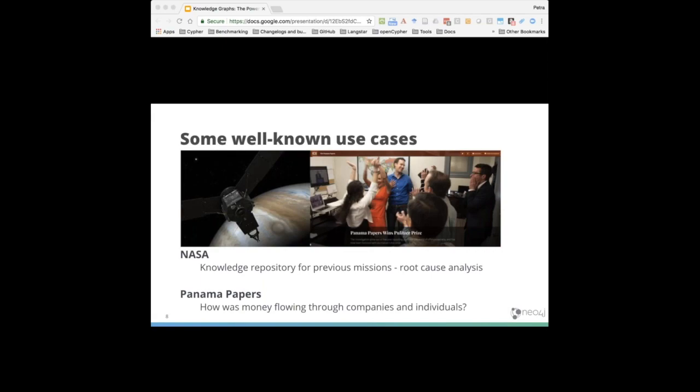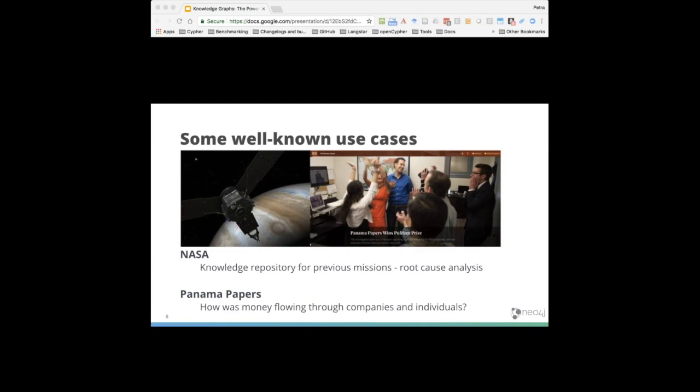And I just wanted to round off this section with a couple of very well-known use cases. They are both using Neo4j under the hood. And the first one is NASA. Essentially what they are doing is using Neo4j to store all their mission history. And this encompasses knowledge of every launch that they've undertaken over the past few decades.